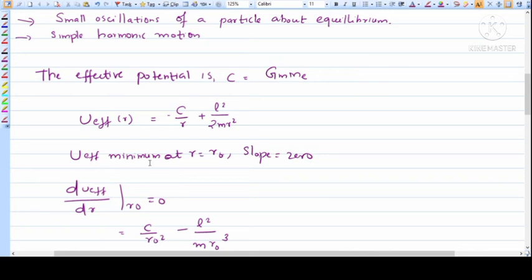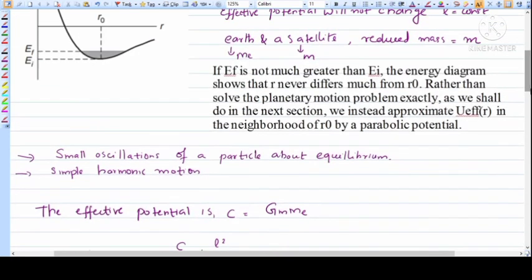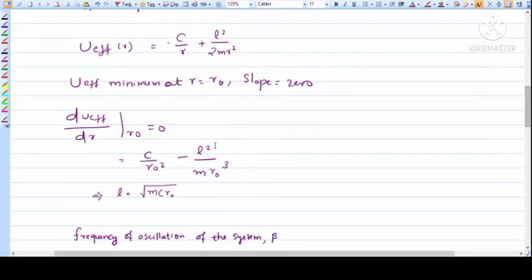The effective minimum is at R equal to R0. Look at the picture, it is here. This is the minimum of U effective, and the slope will be 0.